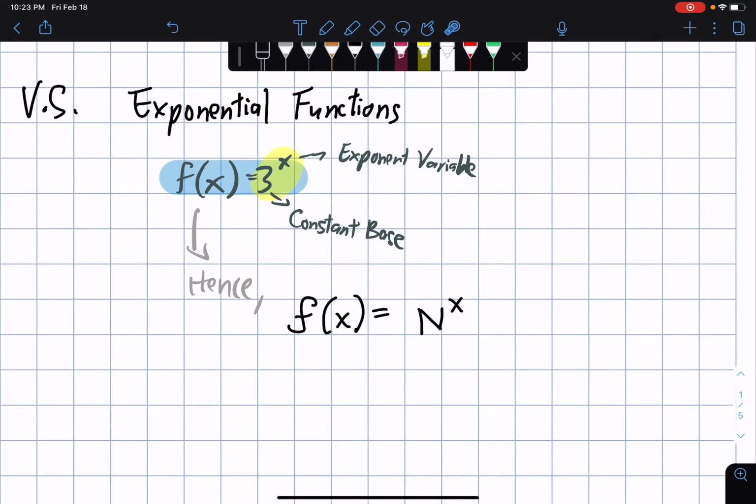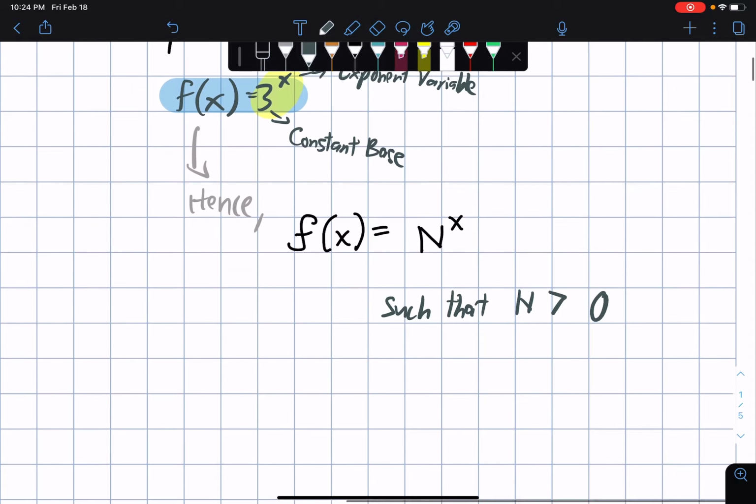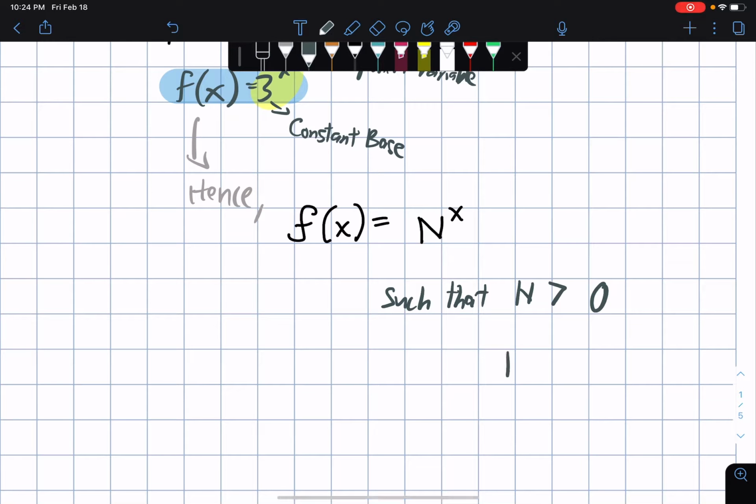Hence, we acknowledge that f of x is equal to n raised to x, such that n will always be greater than 0.